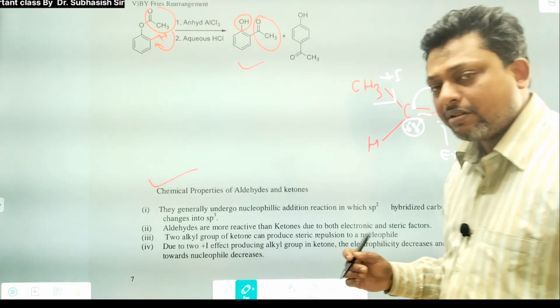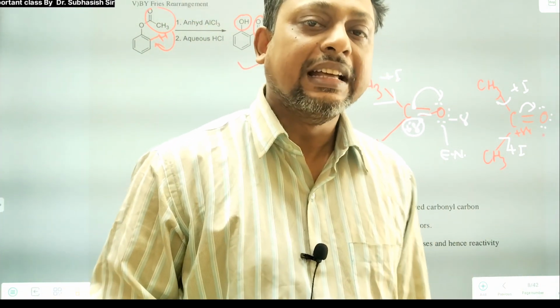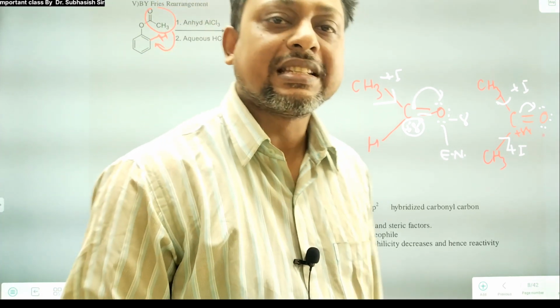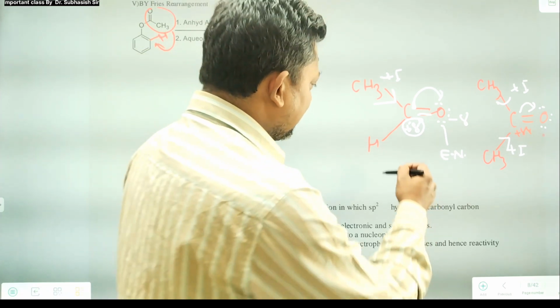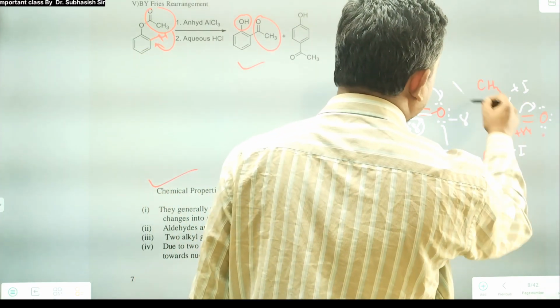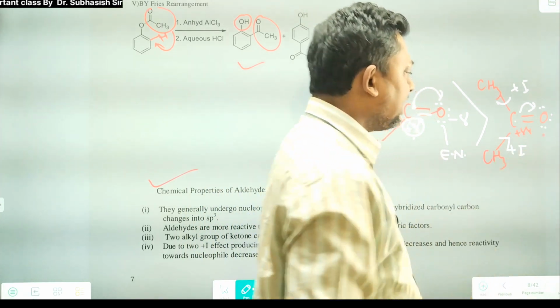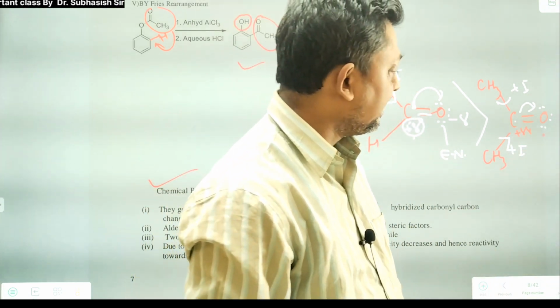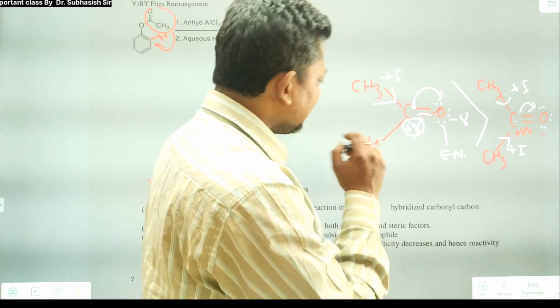So one thing you must always remember: if any structure contains more charge, then it is more reactive, and if it has less charge, then it is less reactive. Here you can see that as compared to aldehyde, in ketone the two plus I effect can decrease the electrophilicity of carbon. What is plus I effect?